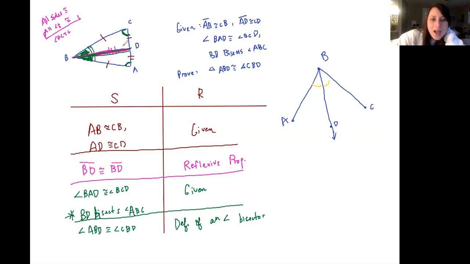So now I've covered all these angles here. These two are the same. I'm missing this angle. But didn't we just learn earlier that if two angles are the same, then the third angle should also be the same? And actually there's a theorem, I totally forgot to mention it. It was on your study guide, but it's called the third angles theorem. So you might want to write that down. The third angles theorem says that if two angles are corresponding and congruent, the third corresponding angle will also be congruent.